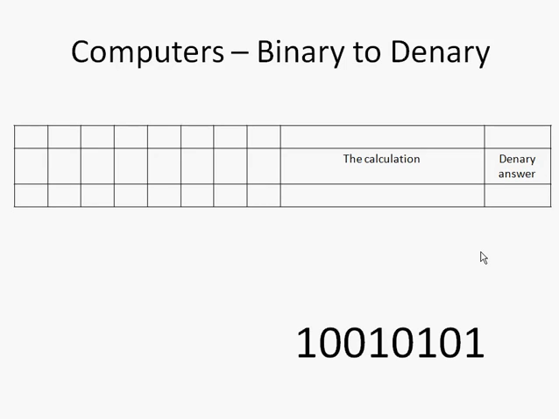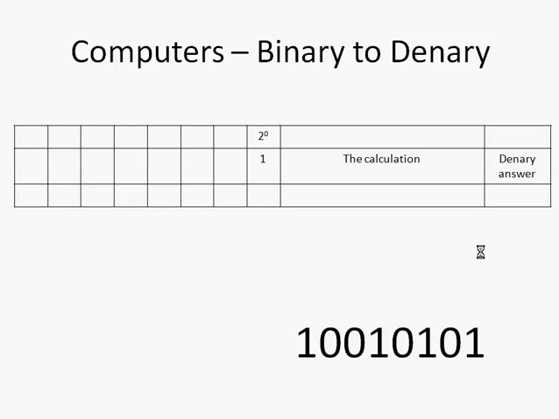First thing we're going to do is build up the binary number system. The first number in the binary number system is 1, and that's because of our base 2 number system. 2 to the power of 0 equals 1.